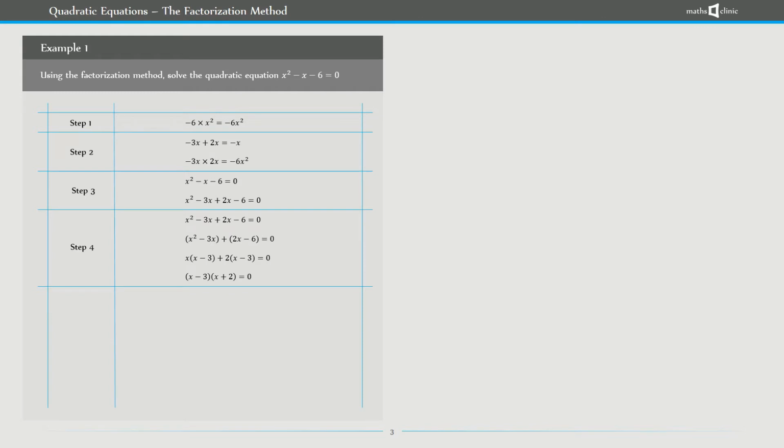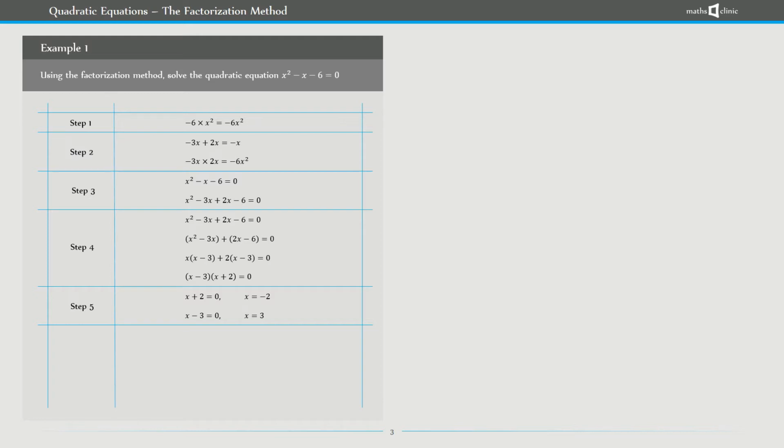And from this point, I think everybody's familiar with this because we've done exactly what we aim to achieve. So we have x minus 3 multiplying x plus 2 equals 0. We can go ahead and say x plus 2 equals 0, x equals minus 2, okay, and x minus 3 equals 0, x equals 3. And that is how you solve a quadratic equation using the factorization method.